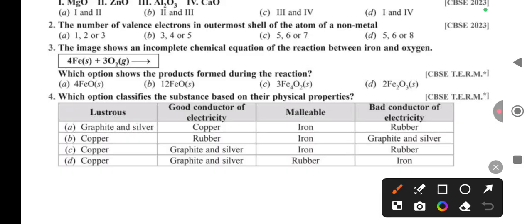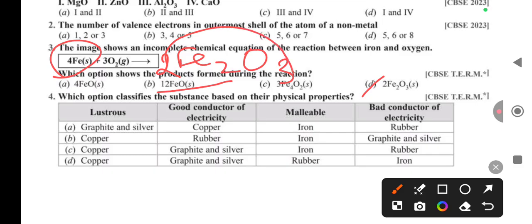The answer will be D, because after completing the reaction, if you see Fe2O3, in front of this you will write 2, then total iron is 4. Here also how much iron is present? 4. 2 into 3 is 6, and here also how much oxygen is present? 6. So this will be the correct answer.